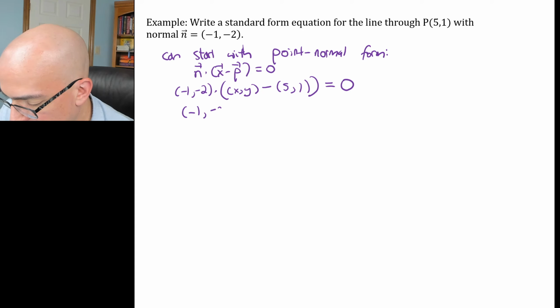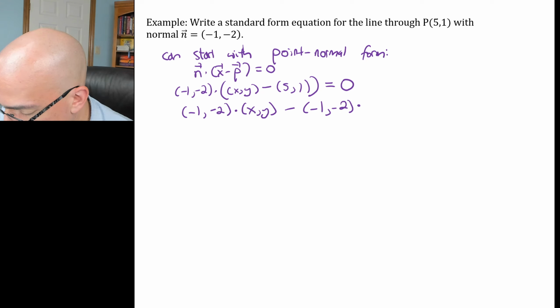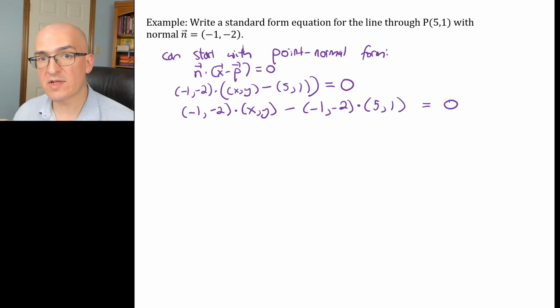I'm going to distribute that dot product. So (-1, -2) dot (x, y) minus (-1, -2) dot (5, 1) equals 0. And then complete those two dot products.